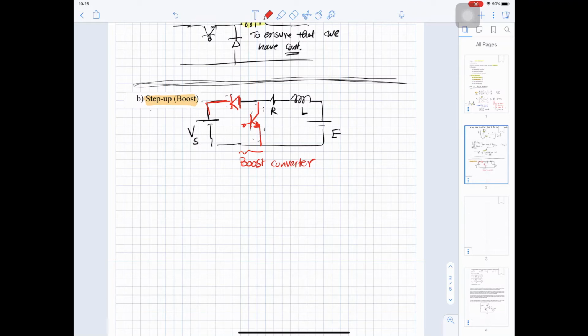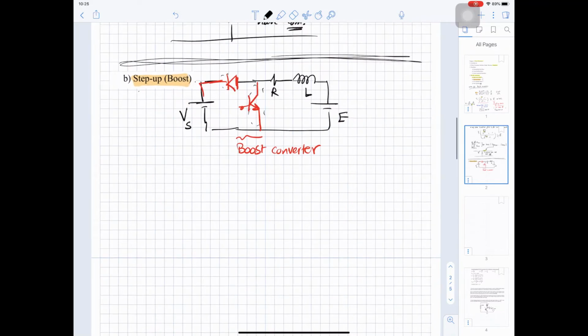This circuit is a boost circuit, and we can prove that this circuit will actually boost the voltage, as we will see.